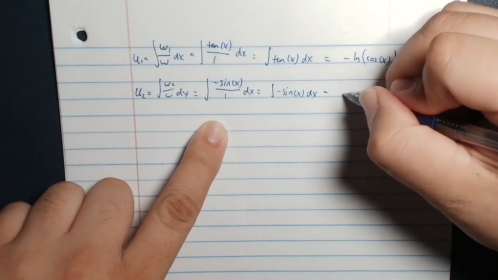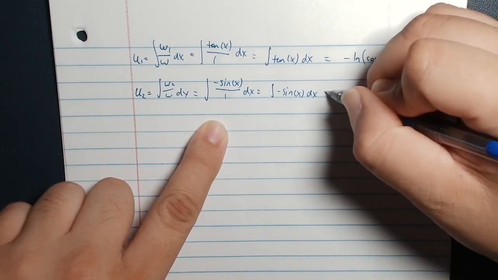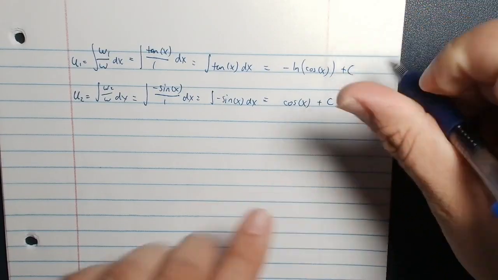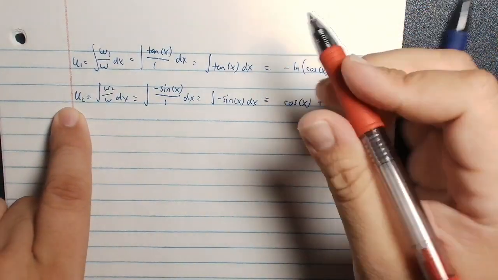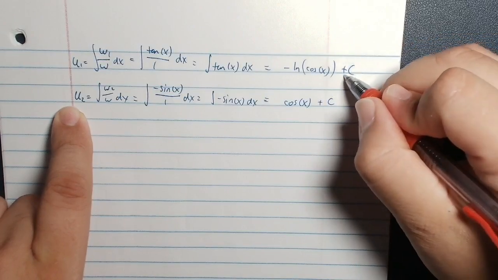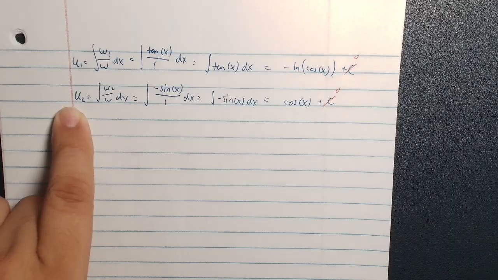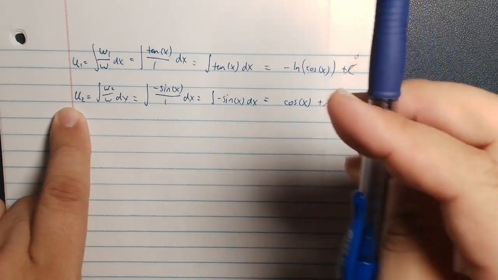And that's cosine of x. Again, all of these technically have a plus c on the end, but we don't need an entire family of these factors. We simply need a single version, a single copy. So we're going to set all of these to 0. If you set it to a different number, that's fine, but 0 is the easiest.